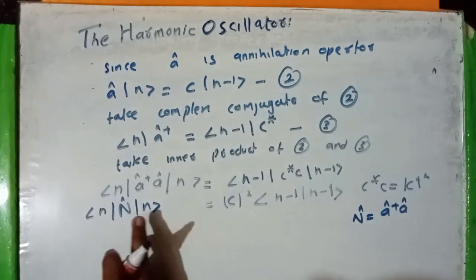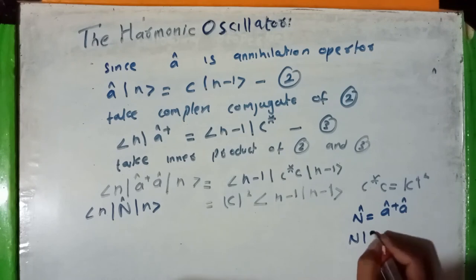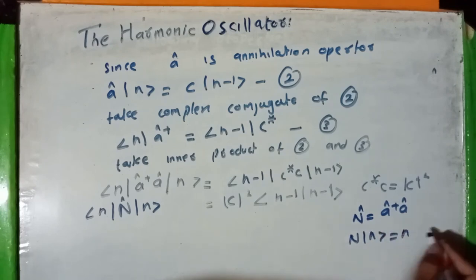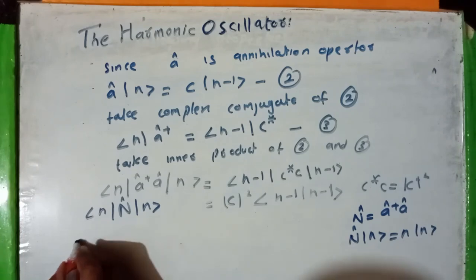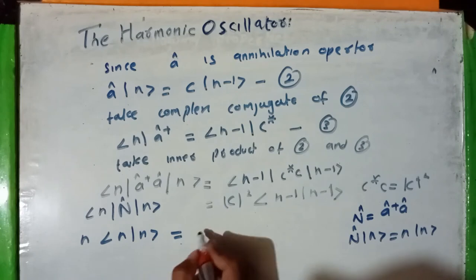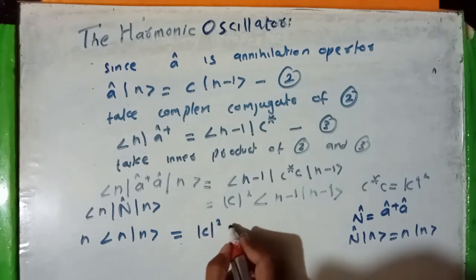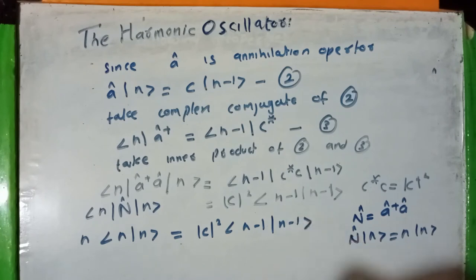When the n operator acts on any state, it gives us the n eigenvalue. So this is equal to n, equal to C square n minus 1 n minus 1.